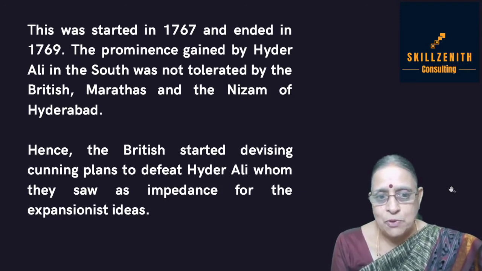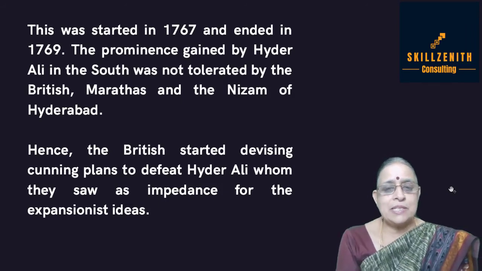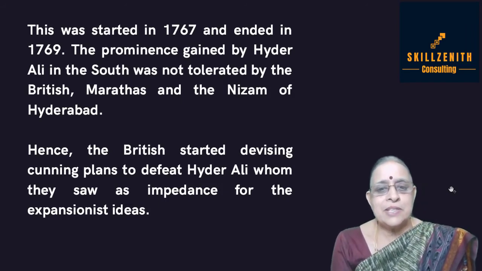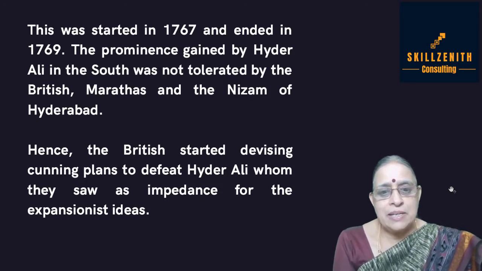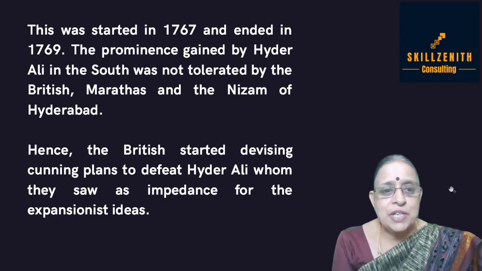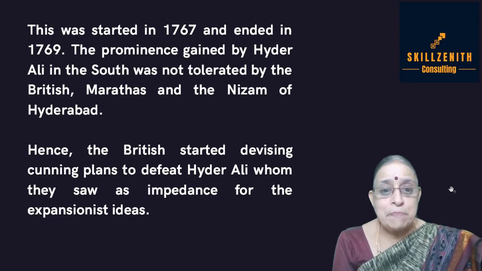Hence, therefore, the British started devising cunning plans. Devising cunning plans andre execute ಮಾಡೋದು, or planning cunning plans to defeat Hyder Ali, whom they saw as an impediment to their expansionist ideas. Impediment andre ಒಂದು ಕಂಟಕ, ತೊಂದರೆ, a problem.